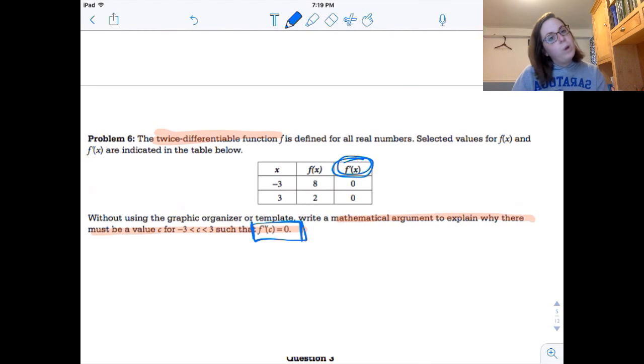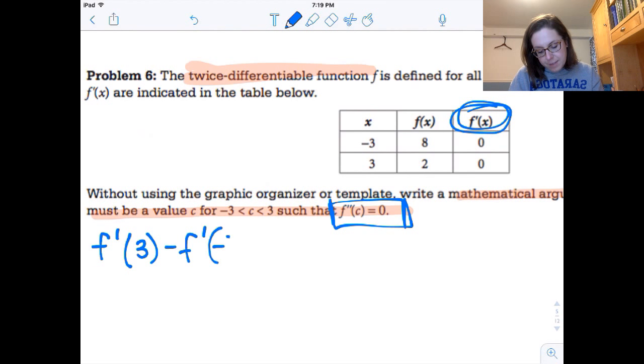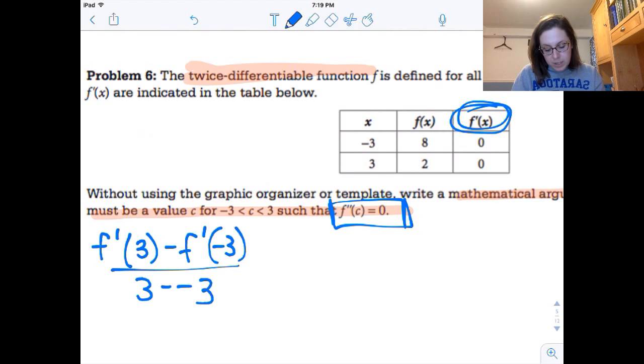Will that equal 0? Well, let's find our average rate of change. So f double prime is going to be approximately f prime of 3 minus f prime of negative 3 over 3 minus negative 3, which just equals 0. So my average rate of change is 0. So MVT is going to tell me that this is true.